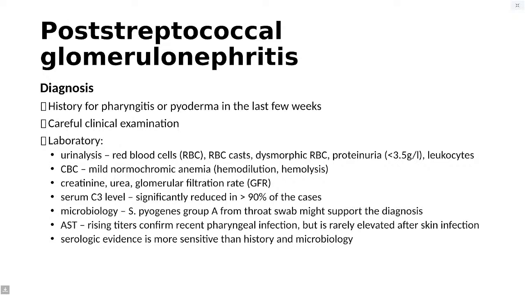Group A Streptococcus pyogenes from a throat swab might support the diagnosis. Anti-streptolysin titer: rising titers confirm recent pharyngeal infection, but it is rarely elevated after skin infection, and you have to know this. And the last is that serological evidence is more sensitive than history and microbiology.